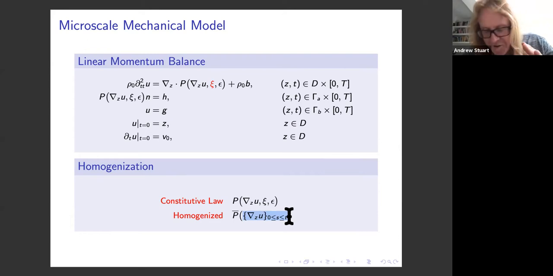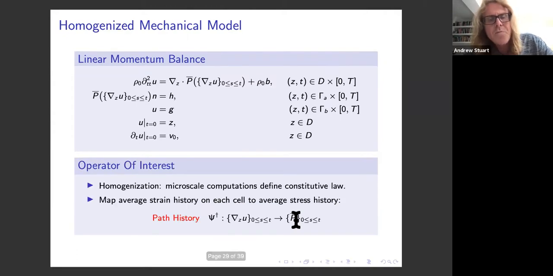The key advance here comes from getting rid of epsilon. The fact that we have history dependence on here is not entirely desirable, and our current work is aimed at getting rid of that. But I'll describe what we have done in this context. So we use the PCA neural network that I described on the previous few slides to learn this constitutive model P bar.